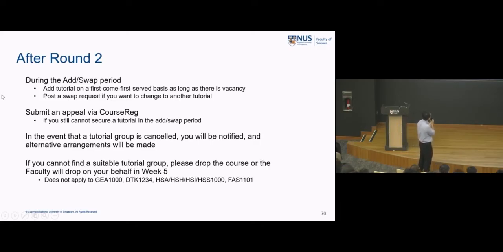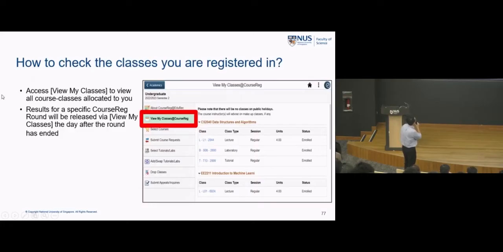If a tutorial group is cancelled, because a particular time slot has only 2 students registered for it, that time slot is likely to be cancelled, and you will be contacted and told we are now going to allocate you to another time slot. All right. So this is something that could possibly happen. And this is where you go to check at the end of every round to see which courses you have successfully been enrolled in.